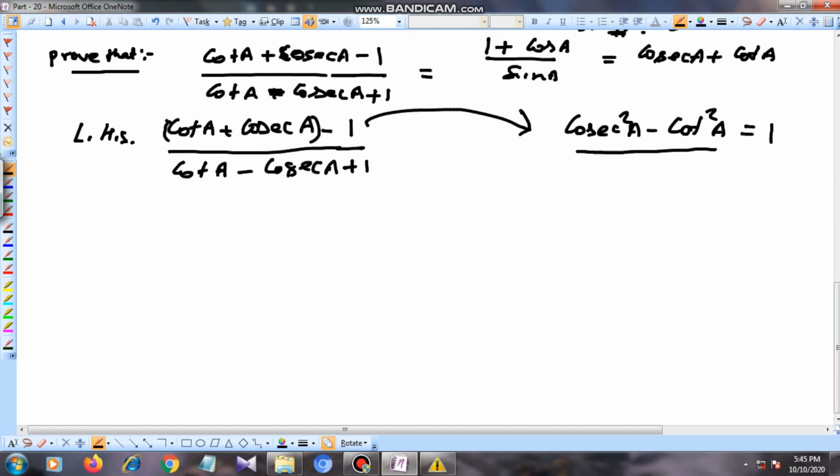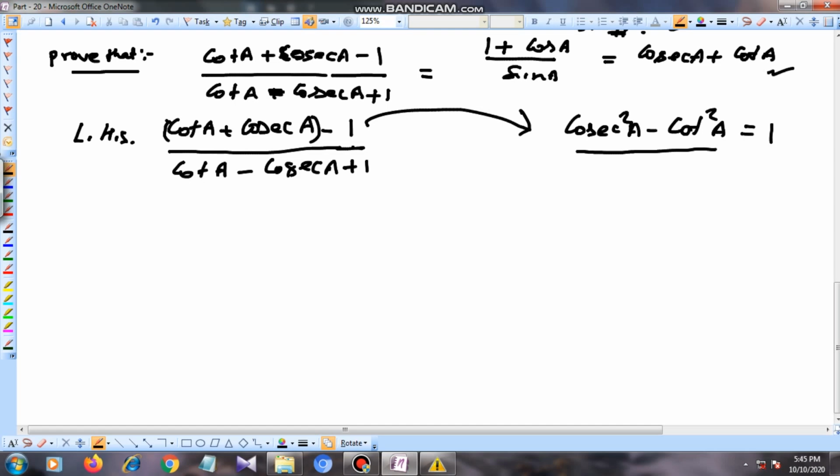When we eliminate it by this identity, then we can apply the identity a square minus b square. Then we can take cot A plus cosec A as common, and the rest cancels, then we get this, right?